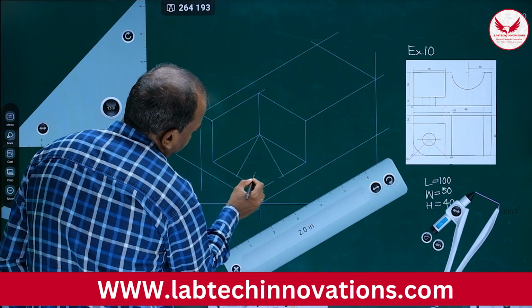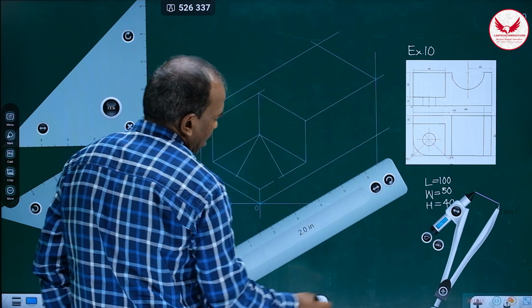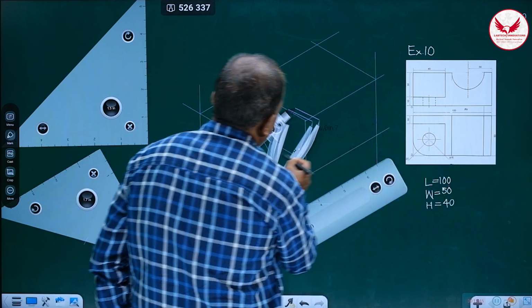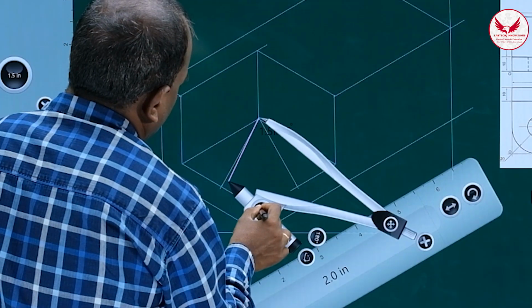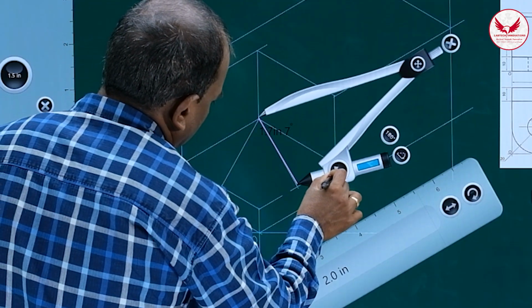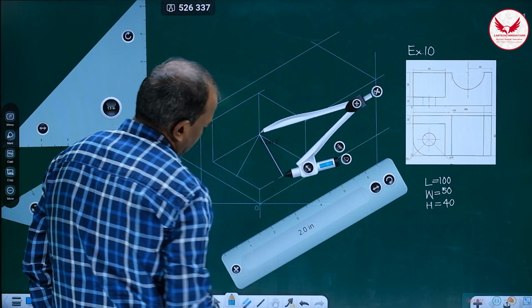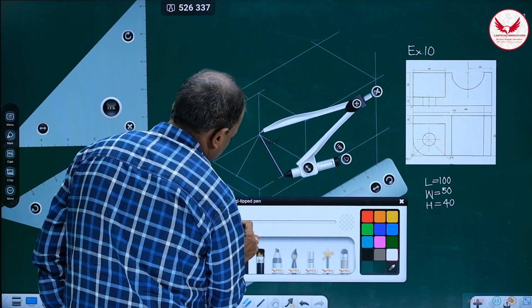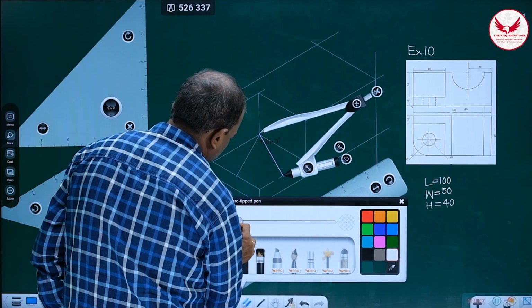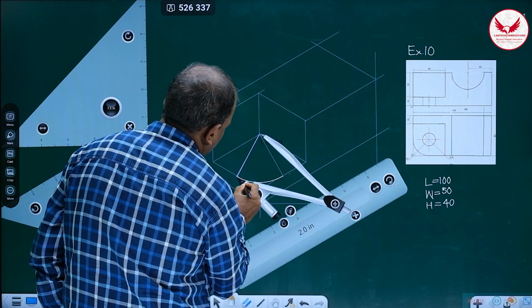See, these are the perfect perpendiculars, and wherever these two lines intersect, from that, take the radius equal to this much and mark the arc.